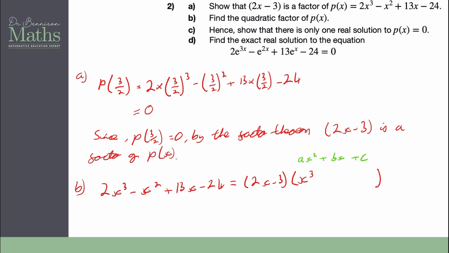And then to get the minus 24, I must have a plus 8, because this negative 3 will be multiplied by plus 8 to give the negative 24. So that's going to be a plus 8 at the end of my quadratic bracket.